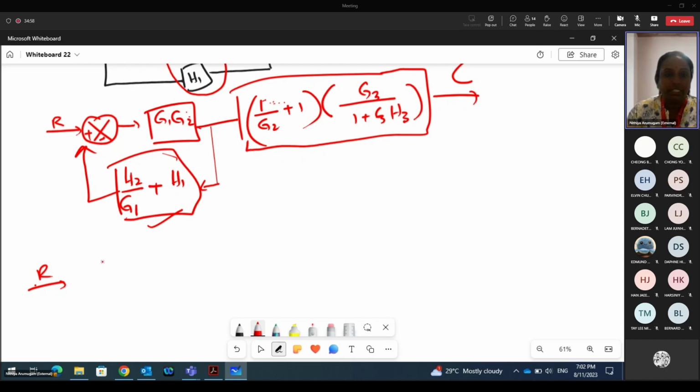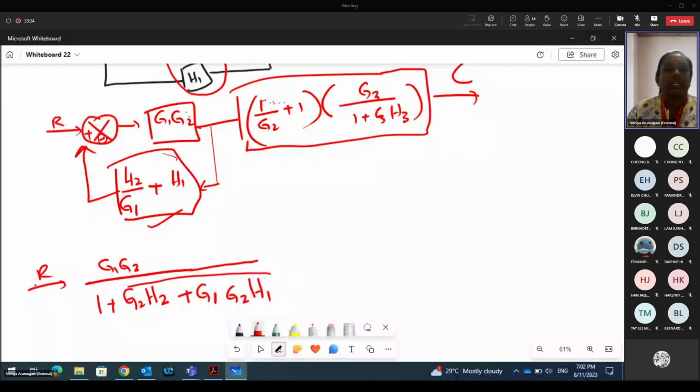I can put this as G1, G2, my current G, with 1 minus, okay, minus. But if you notice, the input to the summing point is also minus. So that will make this plus, okay, plus G2 H2 plus G1 G2, and my current H is the H1.